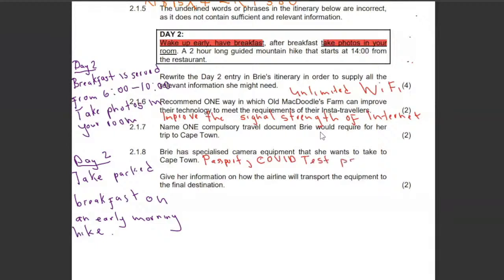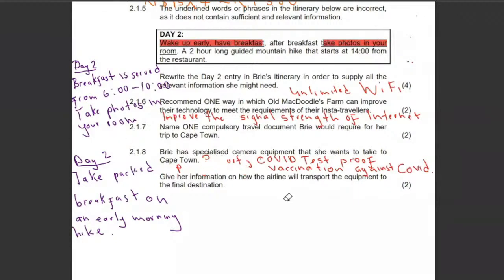She also needs proof of taking a negative COVID test. Then also proof of vaccination to show that she has taken a vaccine against COVID. So these are some of the documents which she is required to provide.